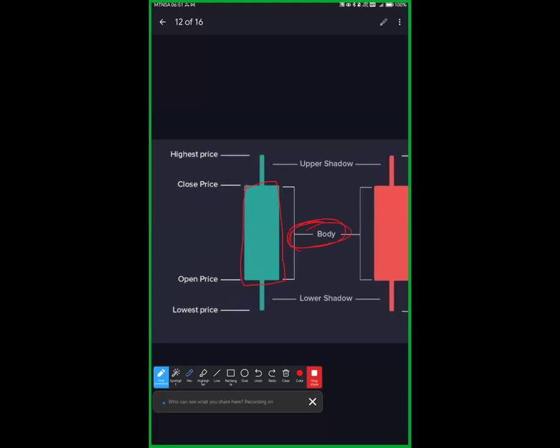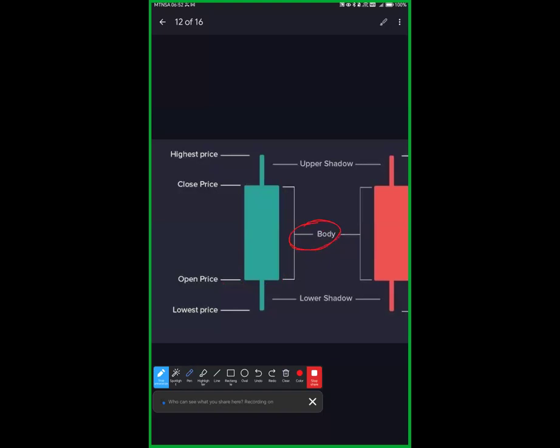So this body exists when the price has been opened, and then there is a build up, either to the top or to the bottom, depending on which power is in control. But in the process of building up of the price, you will see that a body is formed. That's why you are able to see another part of a candlestick, which is called the body.